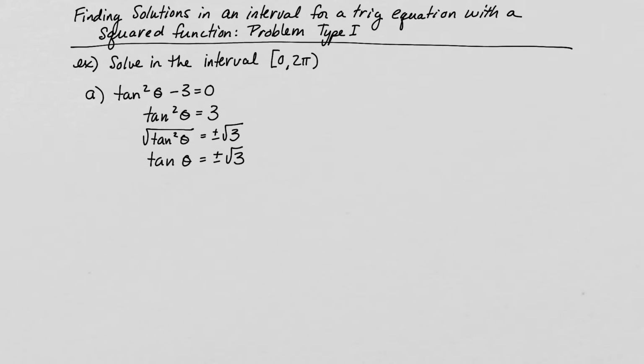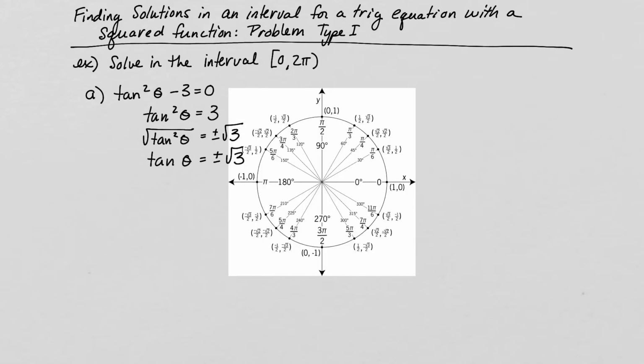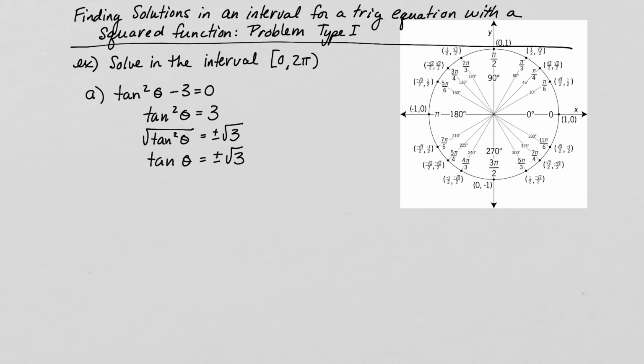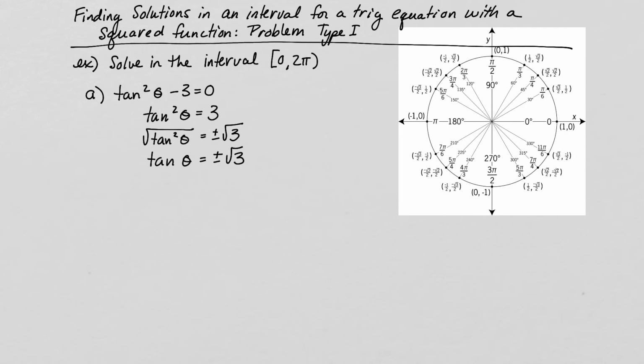So remember, let me add our unit circle here. So we're looking for when the tangent of theta is equal to positive square root of 3 and when the tangent of theta is equal to negative square root of 3.